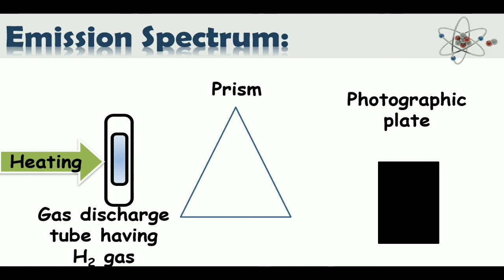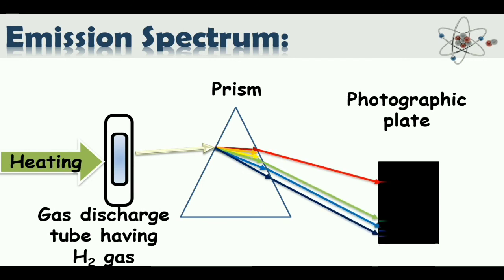When you give some heat energy to the discharge tube, the element present in it will emit some light, and when we pass it through the prism, you will find only some lines having different colors, different frequencies, shown as colored lines on the dark plate. These lights are emitted by the element taken in the gas discharge tube, so it is an emission spectrum.